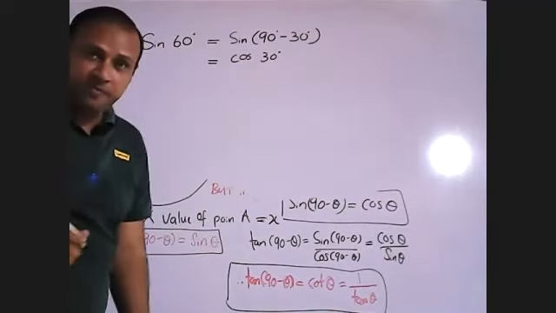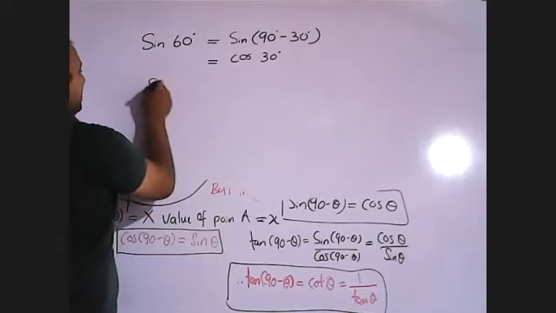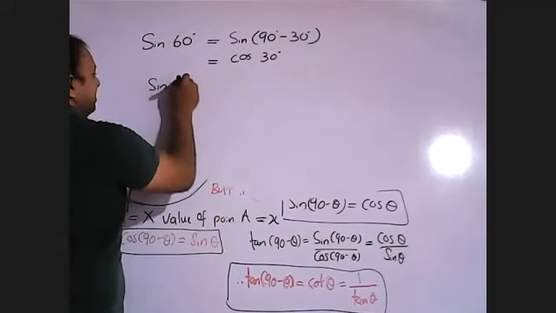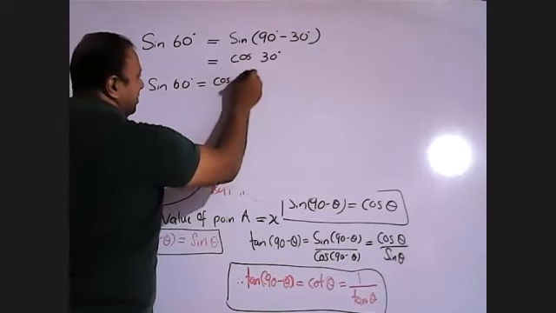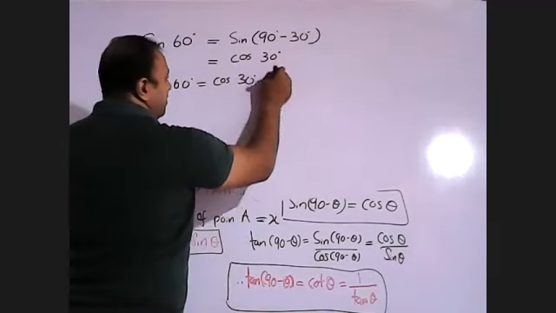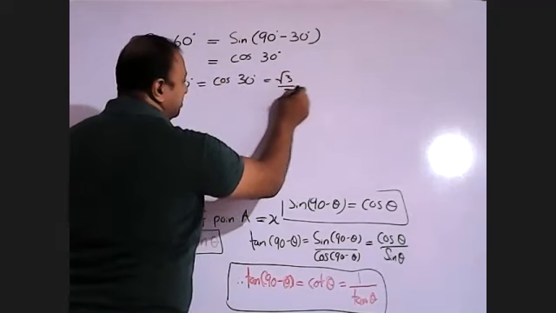This thing you know, no? Sin 60 is equal to cos 30, and that is equal to root 3 over 2.